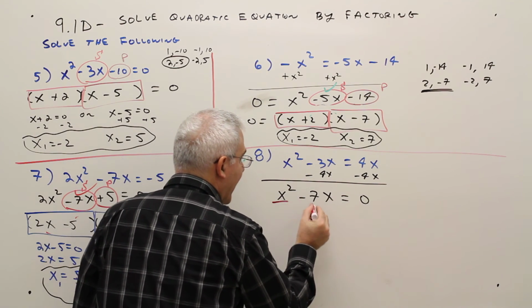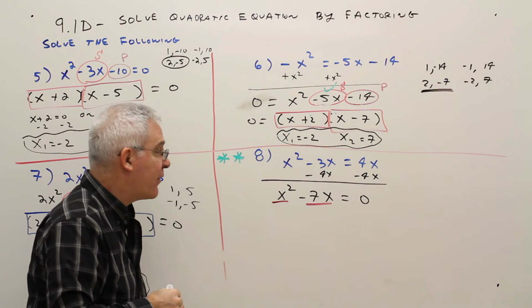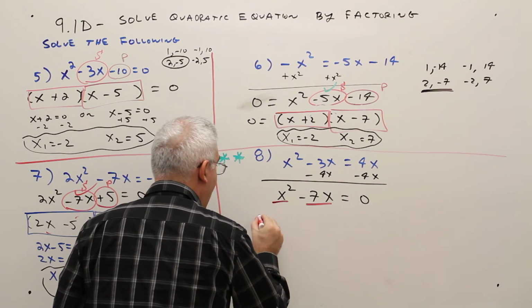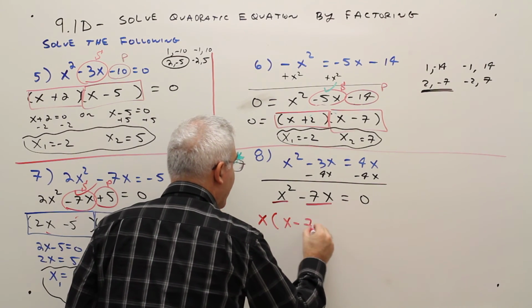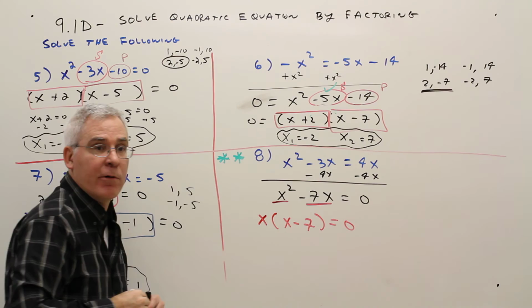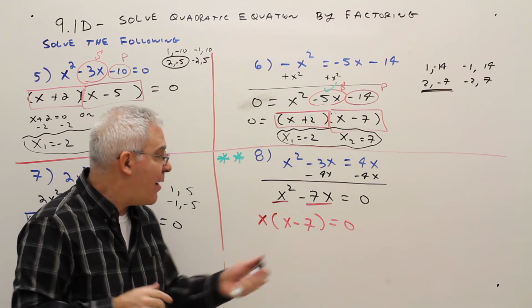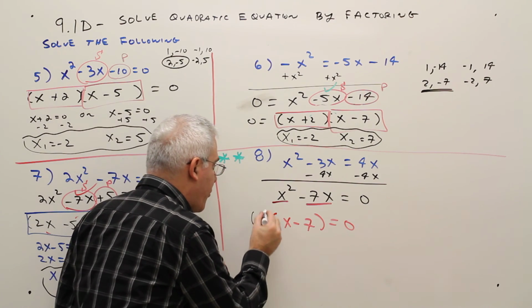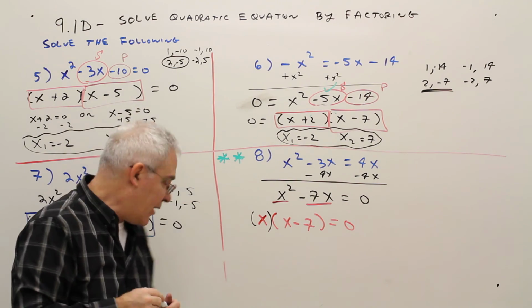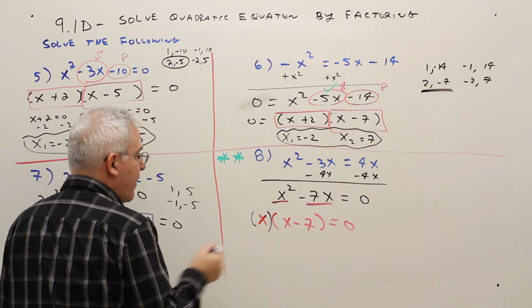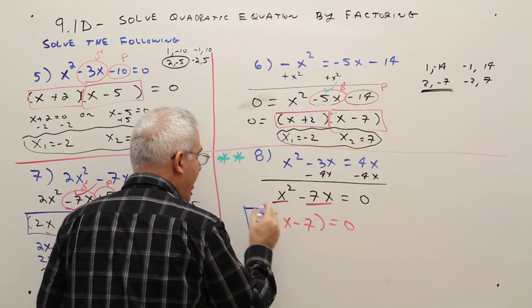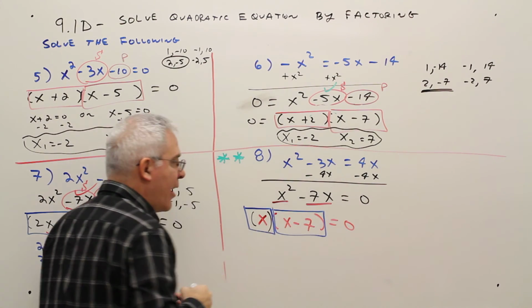So I can factor out an x there, and an x there. And I would get x times (x minus 7) equals 0. So I've got somebody times somebody equals 0. If you want, you can even put parentheses there. So I'm just going to chunk it up like I did before.